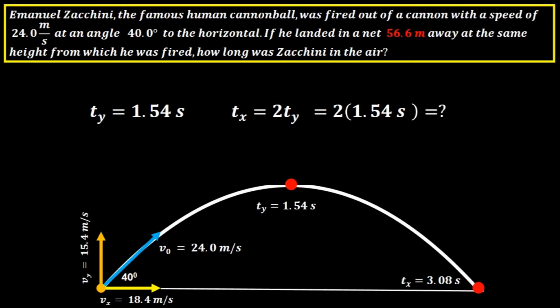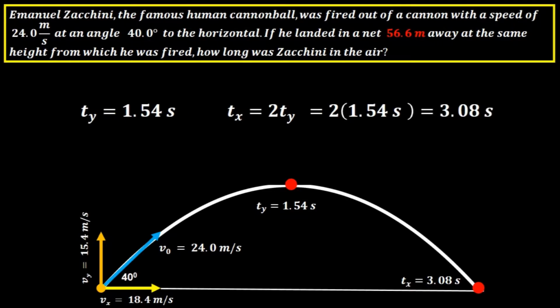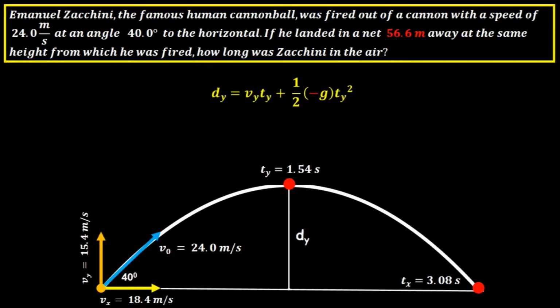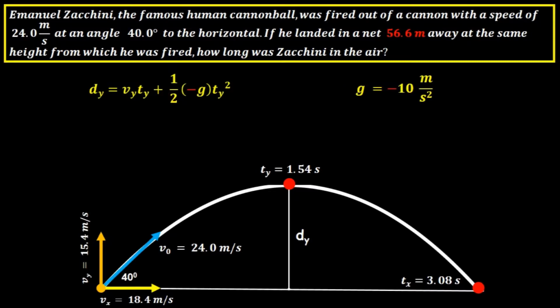Now, the next thing I want to do is derive the equation for dy, given the initial velocity, 15.4 meters per second. We see that it's going to be negative g because it's going vertical. It's going up, so it's going to be rising. So g is negative 10 meters per second squared.